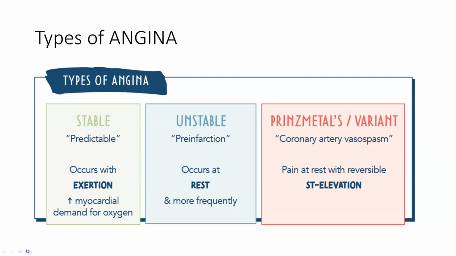And then the other one under this umbrella is going to be this Prinzmetal's or variant angina. This can be due to coronary artery spasms. So it's really going to be brought more on by stress.